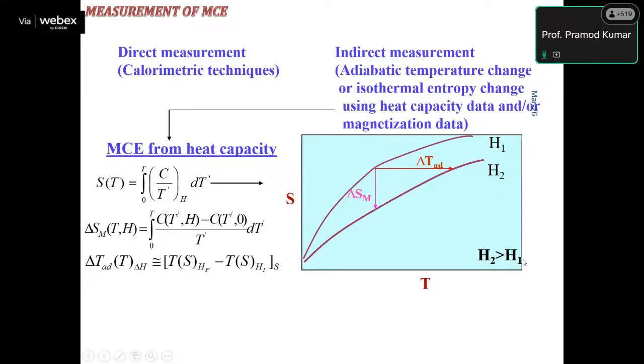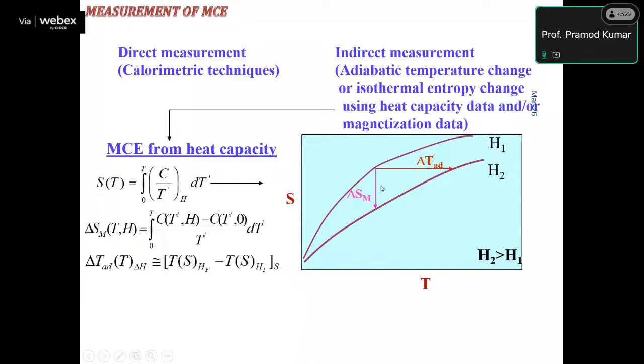As I have already discussed, when we increase the magnetic field, the spins are going to align, so definitely entropy will reduce. So just using the two heat capacities, in presence and in absence of magnetic field, we can easily calculate the change in entropy in the magnetic material.